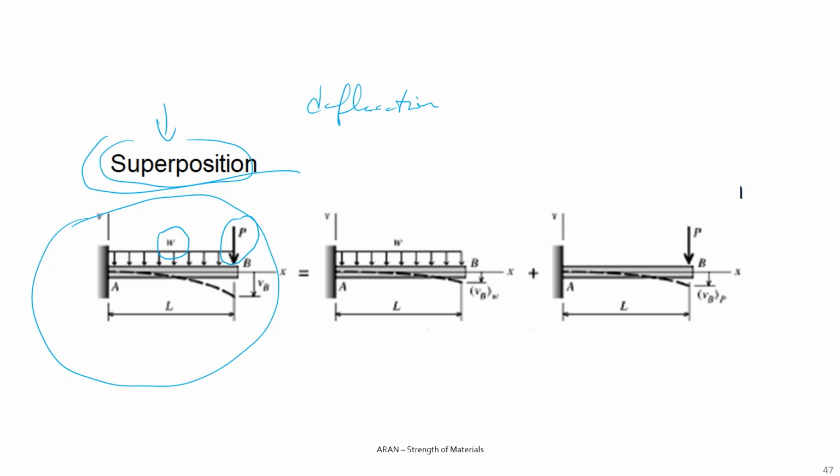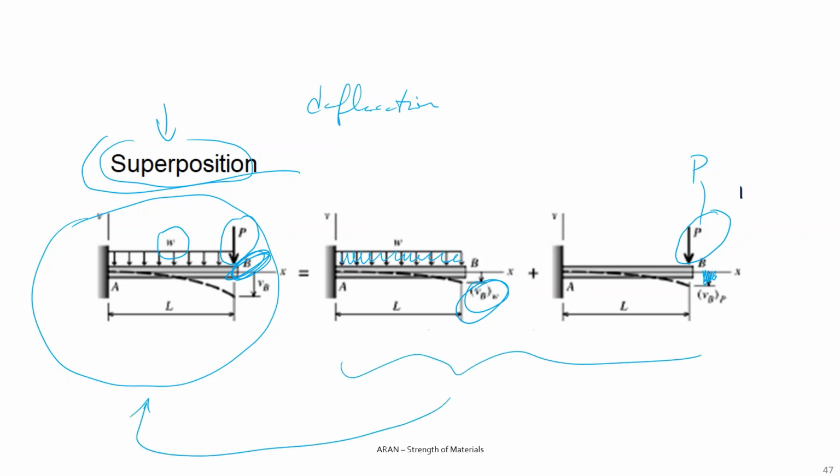So you calculate, for example for point B, the deflection for the distributed load and separately the deflection for the single load P, and their sum will be equal to the deflection if both loadings are applied at the same time. So superposition will help us also in calculating deflection values.